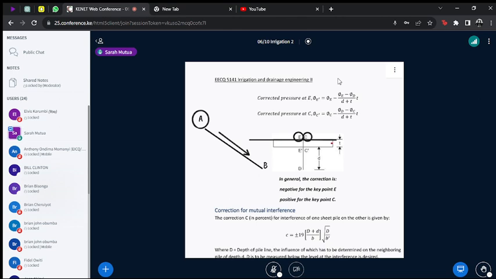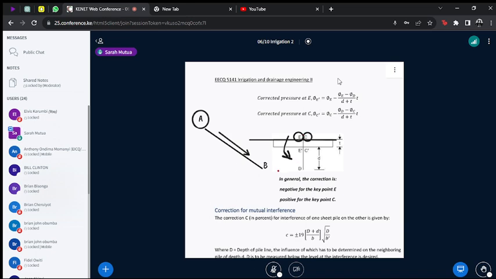So we add a flow thickness. So if we now think about the direction of flow of the water, we are going to have flow of the water in the downstream part.